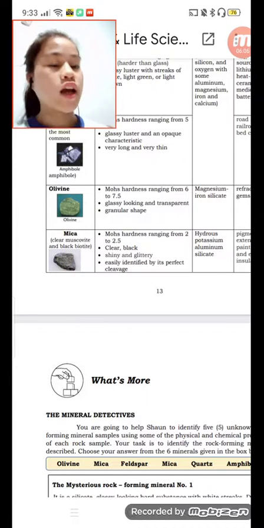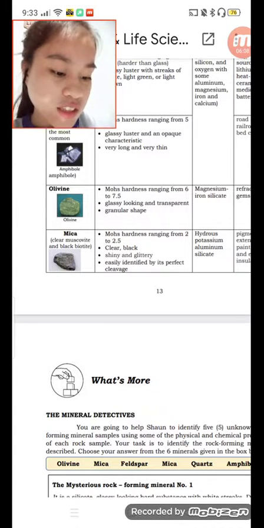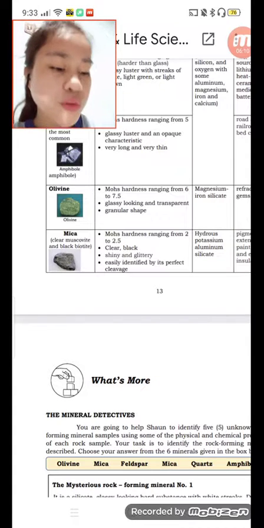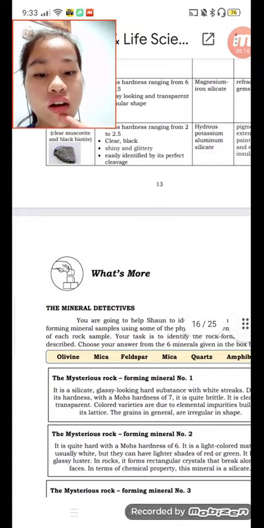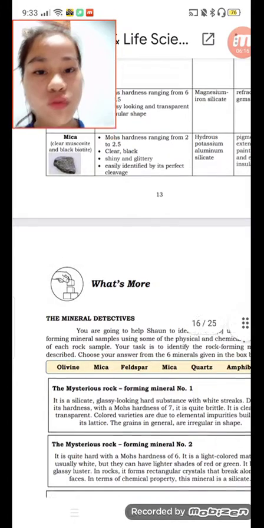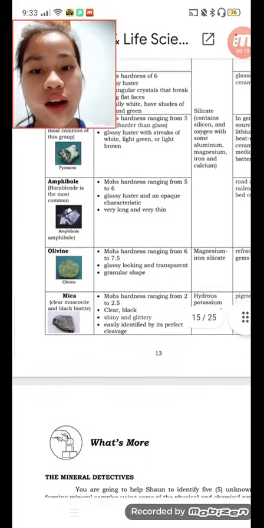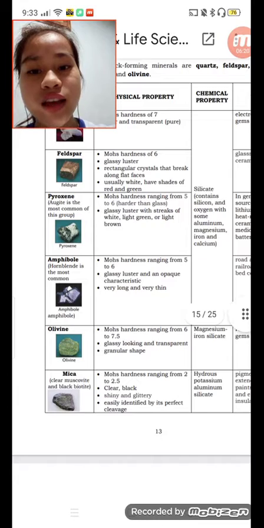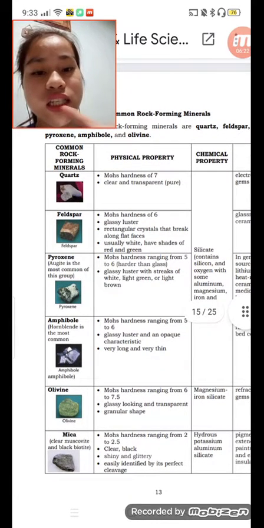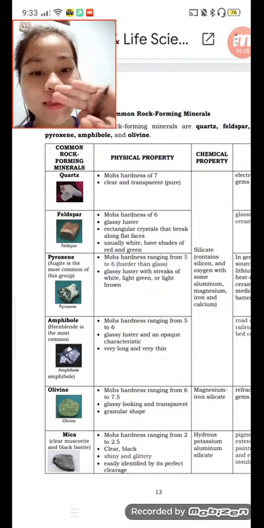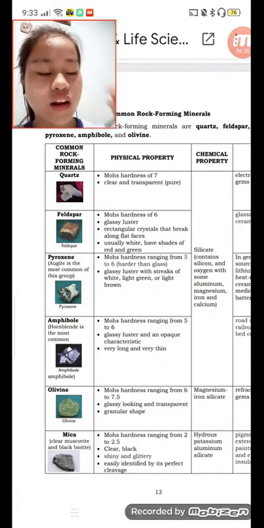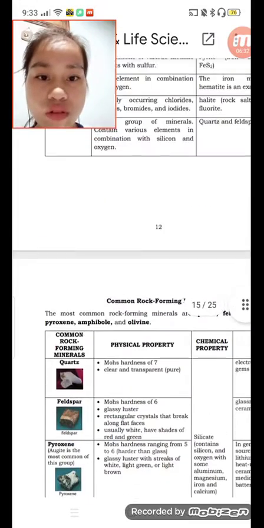Then number three, I learned about the mysterious rock, olivine, pyroxene, feldspar.